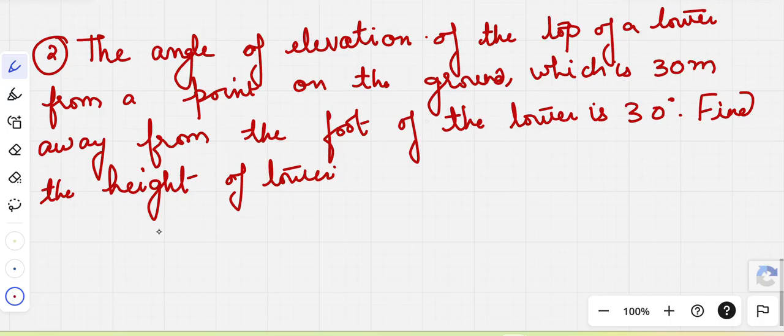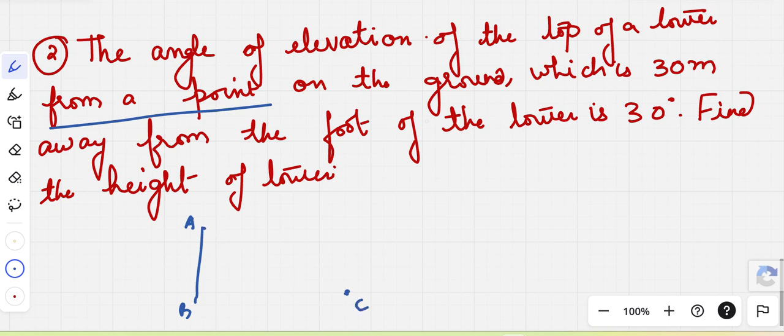Angle of elevation of the top of a tower. So that means there is a tower, right? This is your tower AB. Now, angle of elevation from where? Angle is formed from a particular point, from a point on the ground. So this is the point.